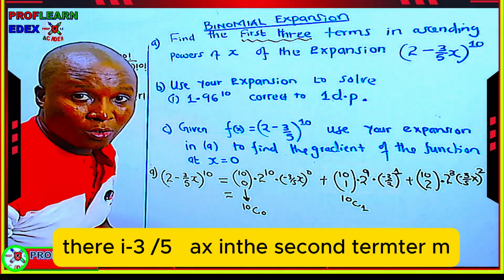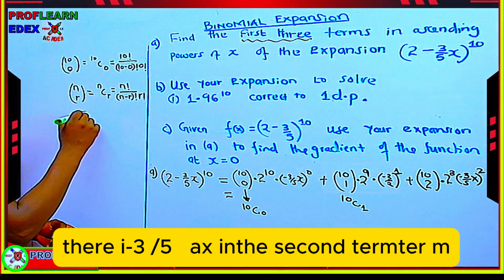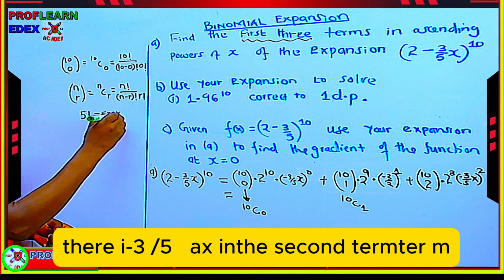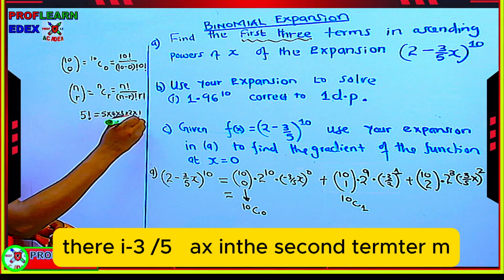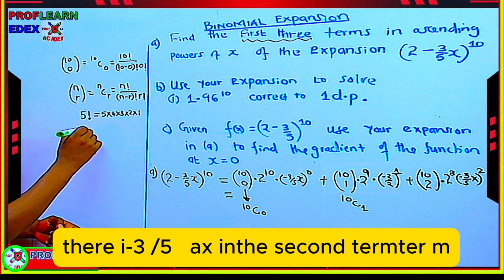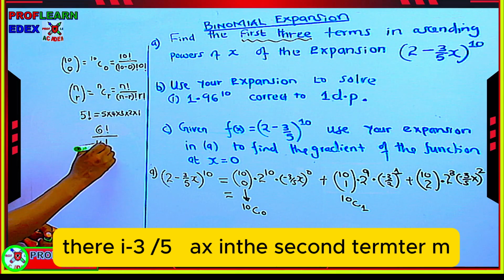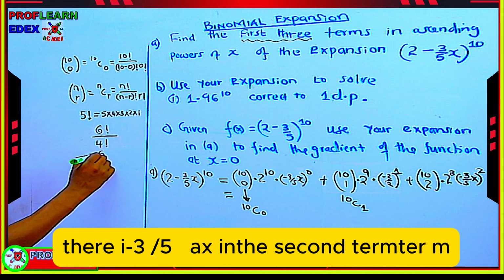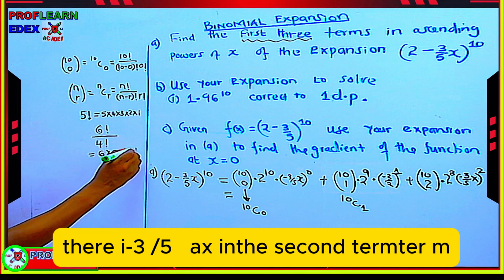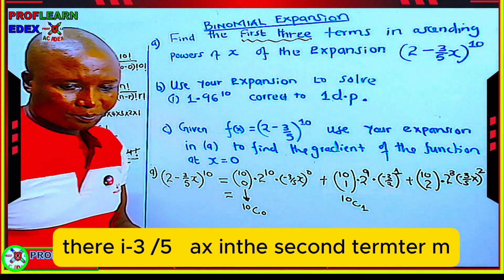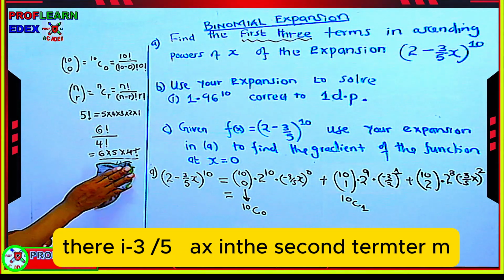I believe you know that 5 factorial means 5 times 4 times 3 times 2 times 1. Or rather, let me use 6 factorial over 4 factorial. This can be written as 6 times 5 times 4 factorial divided by 4 factorial, and then this cancels out. So that is an area you really need to remember.